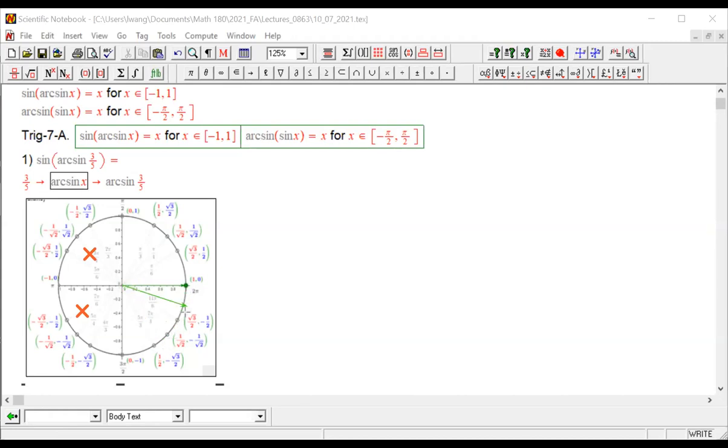But if it's over here, that means it's a negative angle. A negative angle corresponds to a negative sine ratio. We don't have a negative sine ratio. We have a positive sine ratio, that's 3/5. Therefore, you already know the angle is between 0 and pi over 2. Do you follow me?